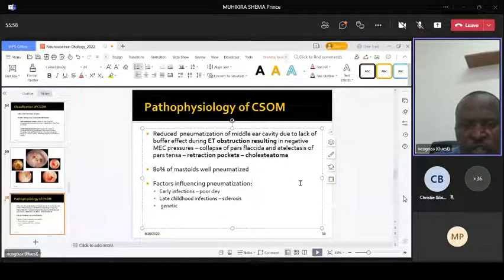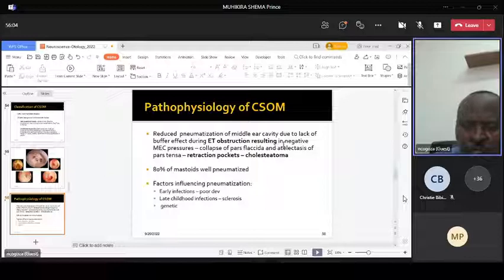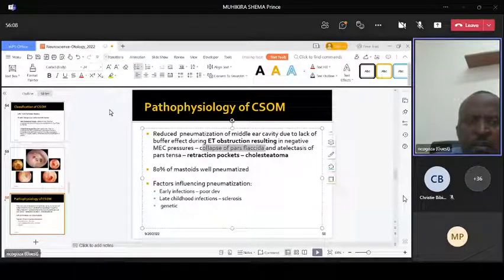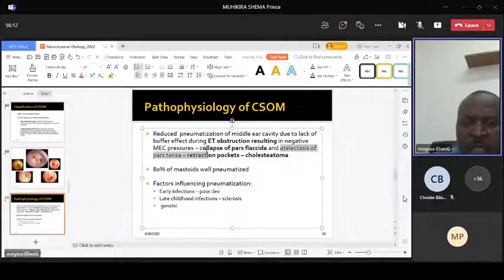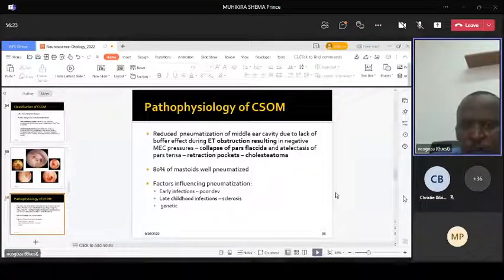If it's cholesteatoma, it's retraction pockets. So there is Eustachian tube obstruction, negative pressure in the middle ear, collapse of the pars flaccida, atelectasis of the pars tensa, retraction pocket formation in the attic, and cholesteatoma formation. So this is enough.